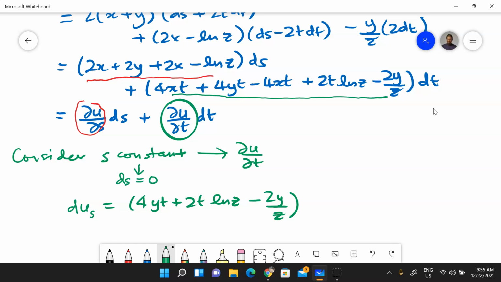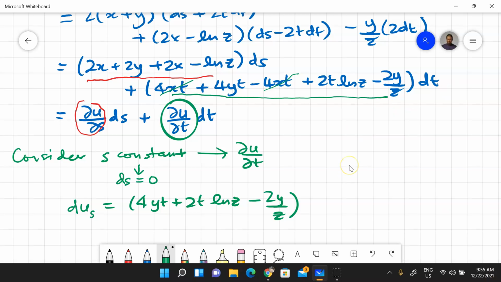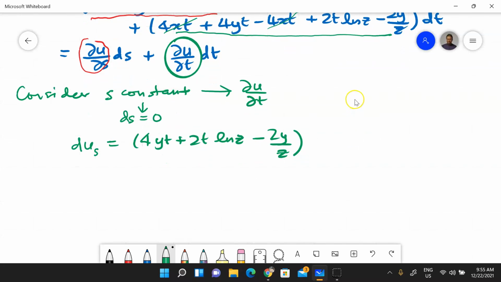Oh yeah, sorry, I've already cancelled this thing up. So finally, sorry, I've forgotten the t at the back. Finally, you get partial u, partial t is equal to that.